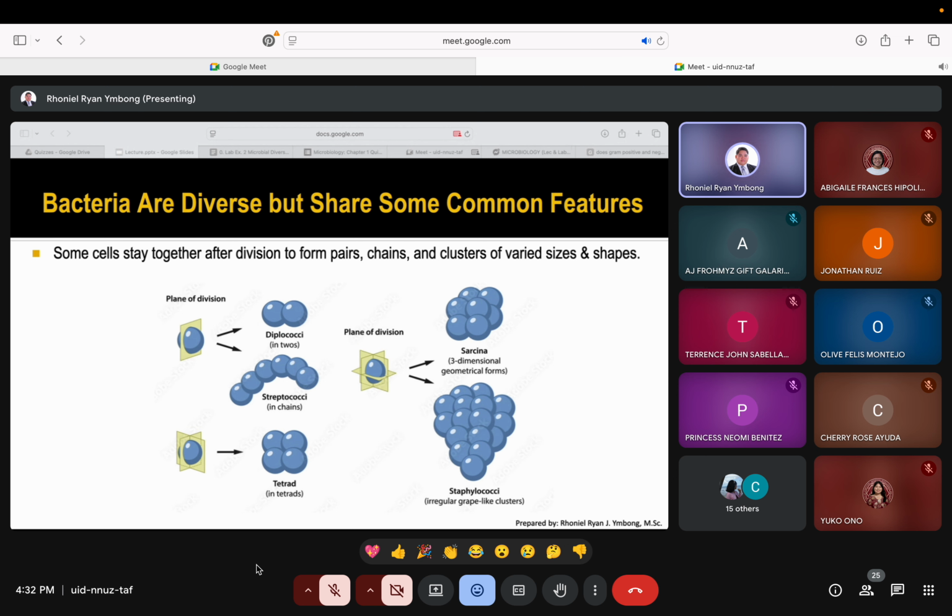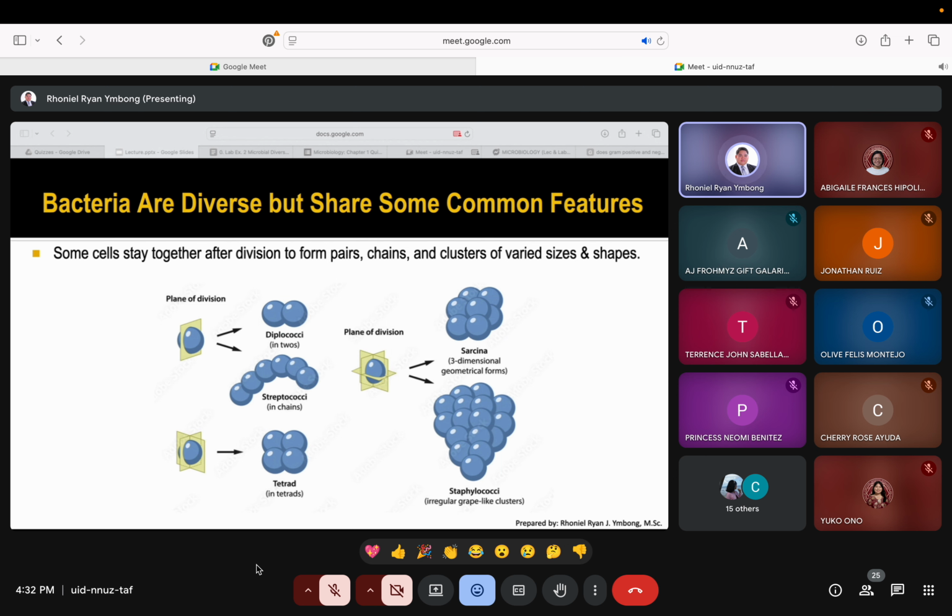For example, if you only have one particular bacterial cell, then the prefix for your bacterial arrangement would be mono, meaning one. If there are 2, then you have diplo. If you have 4, then you have tetrad. If you have 8, you have sarcina.